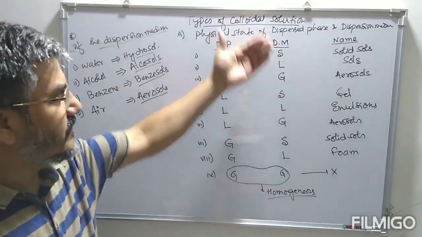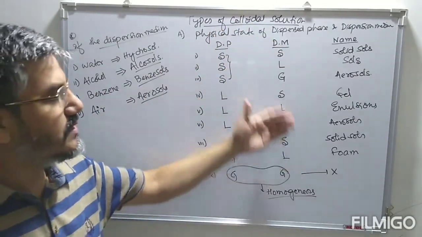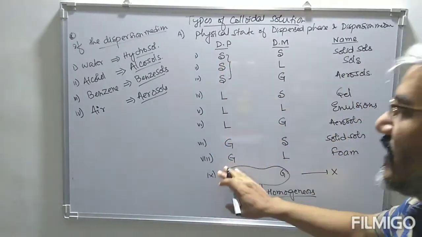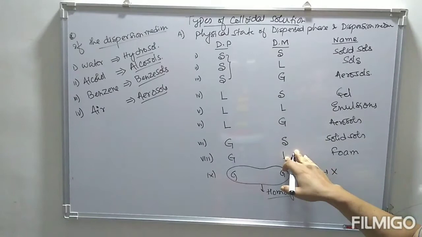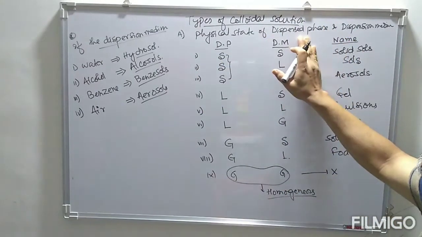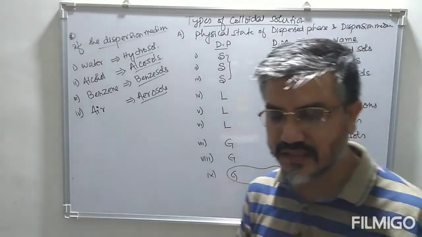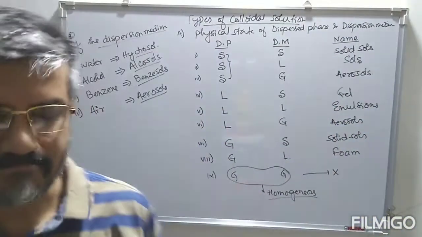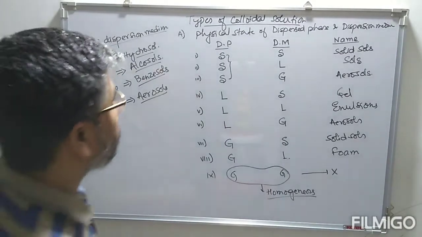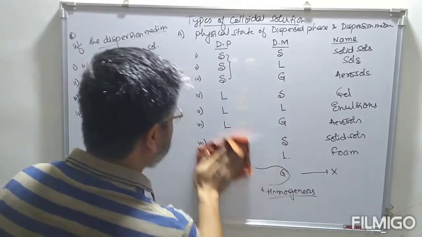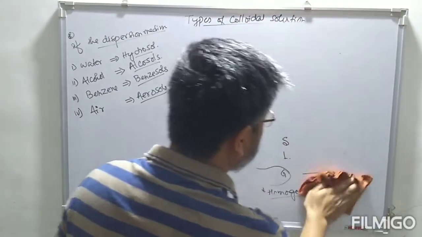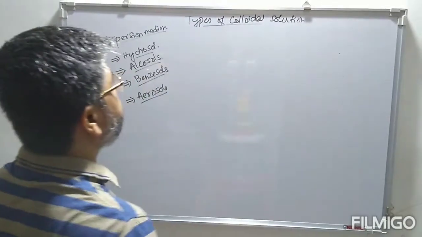Otherwise, if the physical states are clearly mentioned, then we can classify colloidal solutions into 8 different categories, as given. So this is the first classification, based on the physical state of the dispersed phase and the dispersion medium. Now coming to the second classification, that is based on the nature of interaction between the dispersed phase and the dispersion medium.